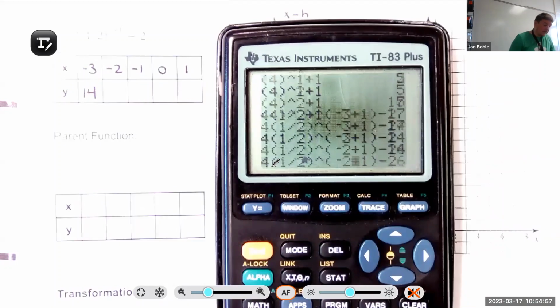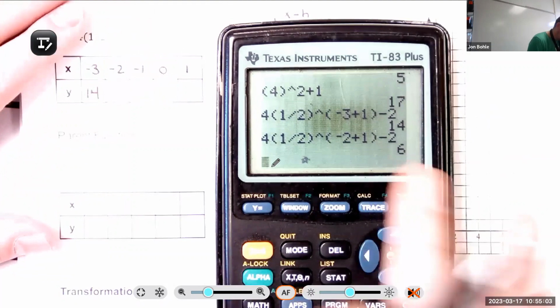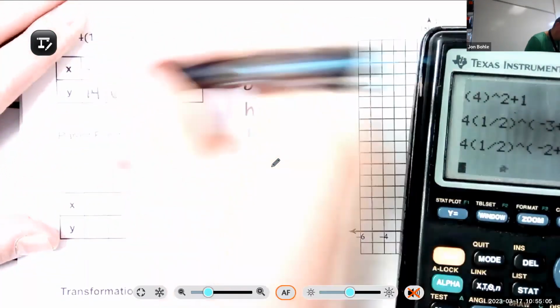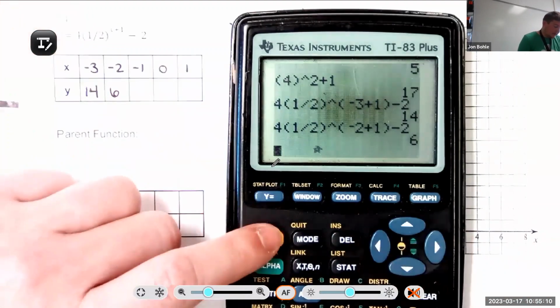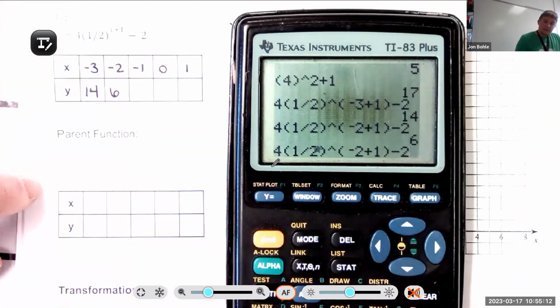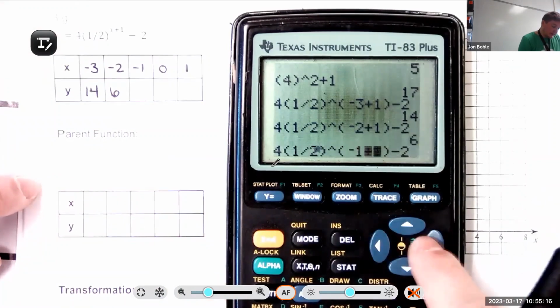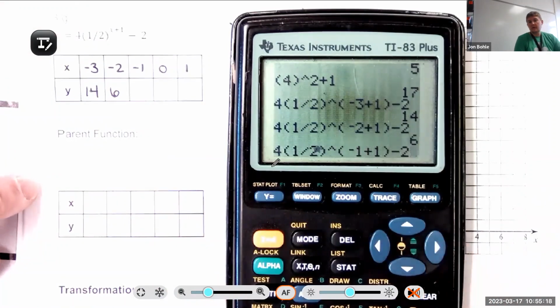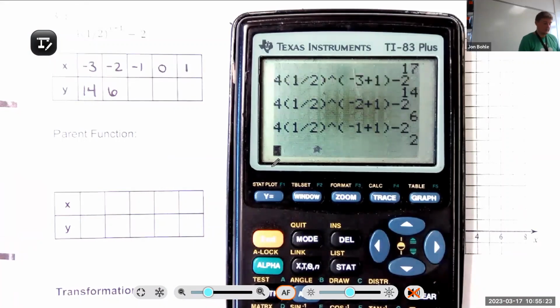Then I hit enter. This will help you go faster. Then I do the same thing, second enter. Next number I'm going to put in is -1, and I hit enter.